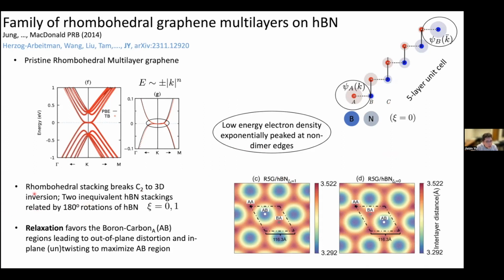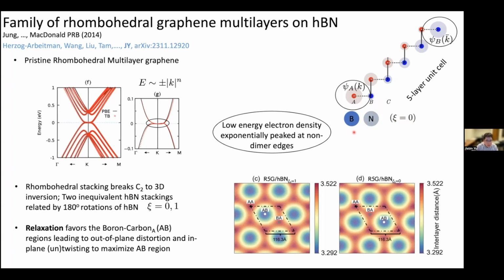I would like to mention that there are two configurations for the hBN stacking. These two are related by a 180-degree rotation. One we call C equals 0. If we flip the boron and nitrogen atoms, that will be another configuration. We call it C equals 1.